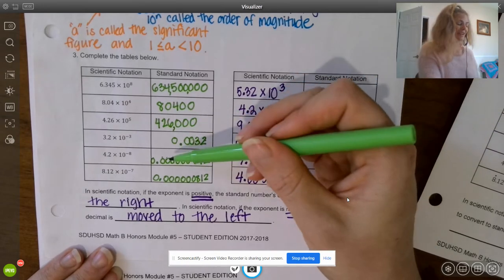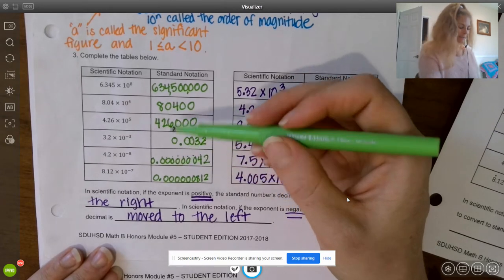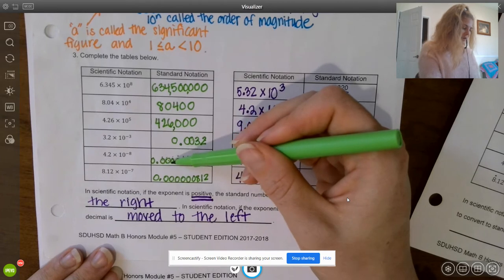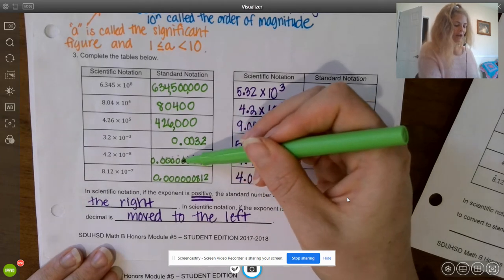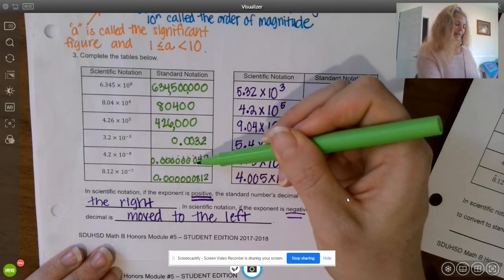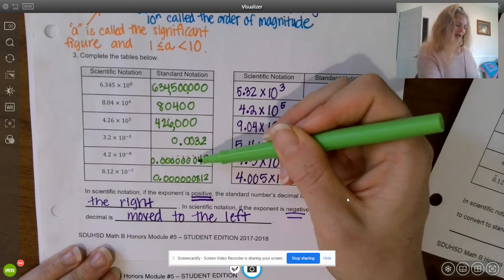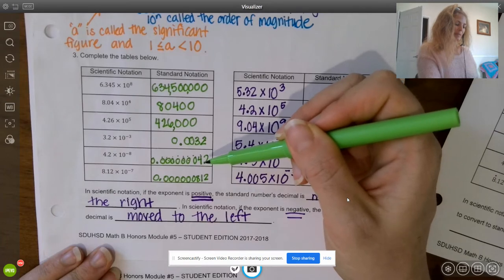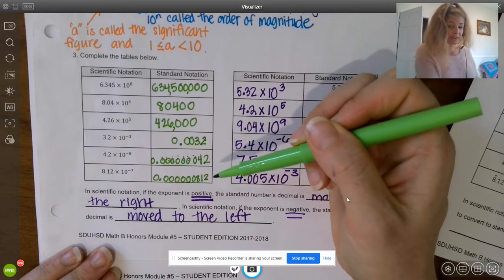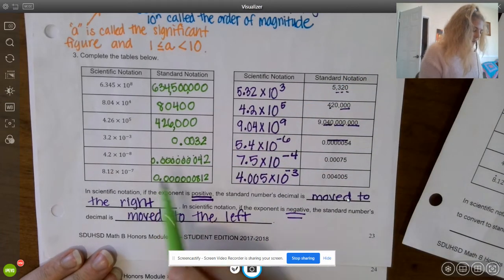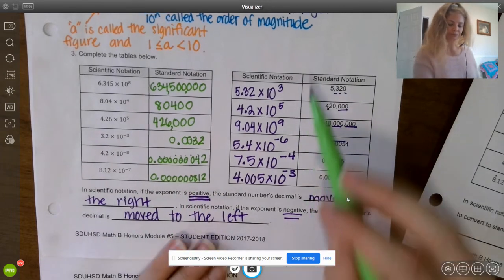So let's see. Okay, I have to say it now. It's like a dare. Tenths, hundredths, thousandths, ten-thousandths, hundred-thousandths, millionths, ten millionths, hundred millionths, billionths, 42 billionths, I think, possibly. And the last one we did already.